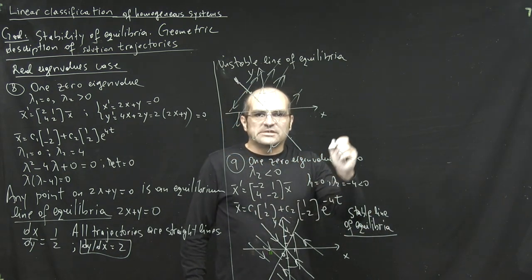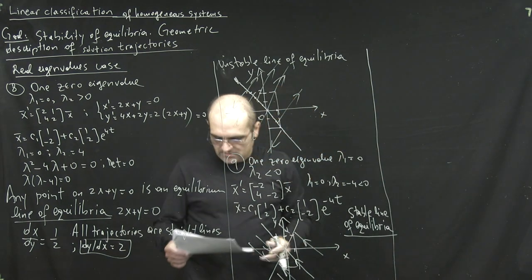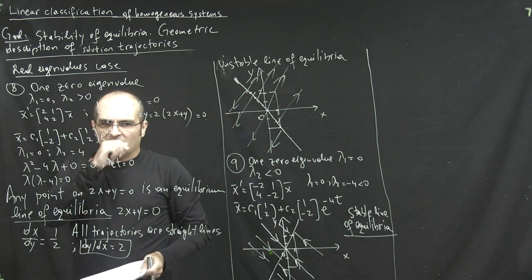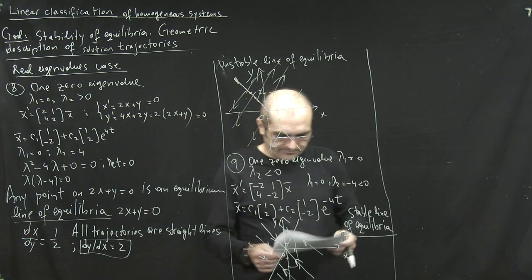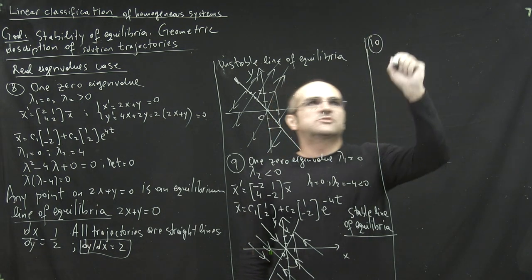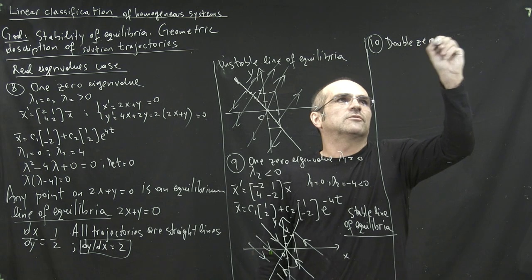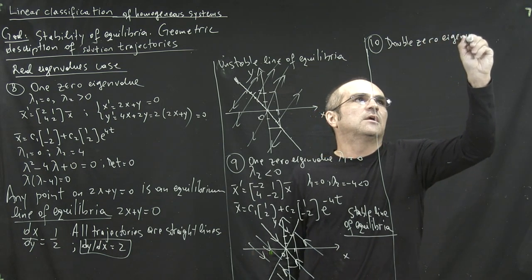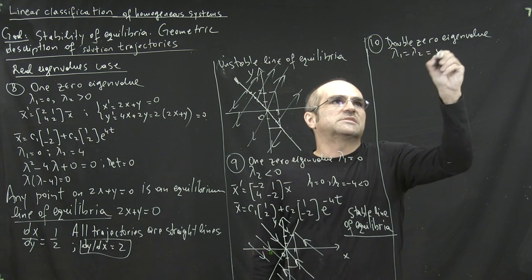And finally, and with that we conclude the real case, that's going to be the double 0 eigenvalue. All right, so double 0 eigenvalue. That's when you have lambda 1 equals lambda 2 equals 0.